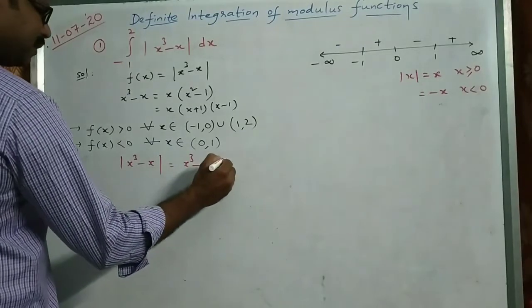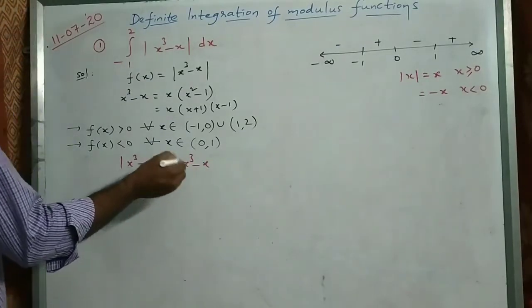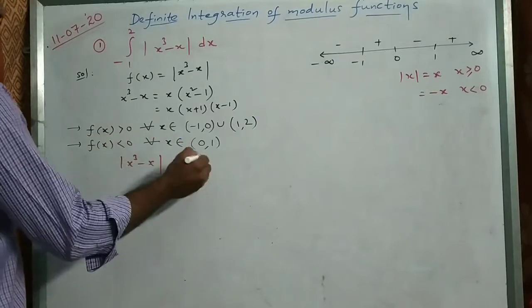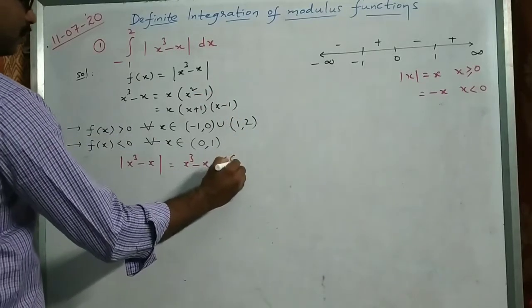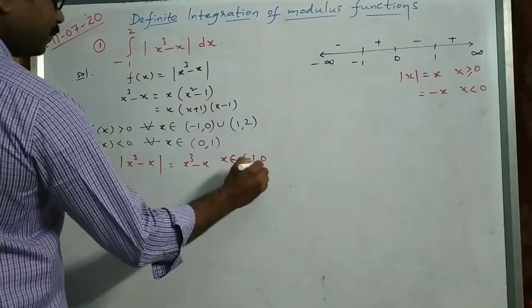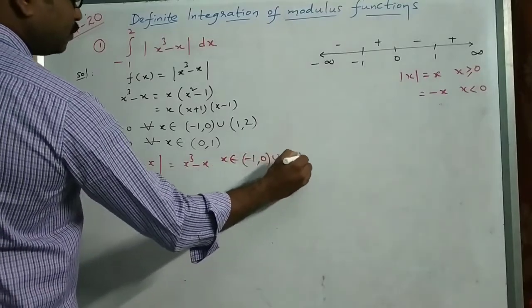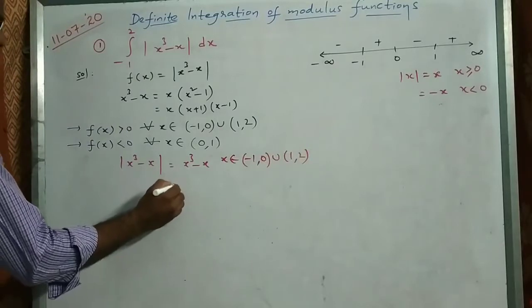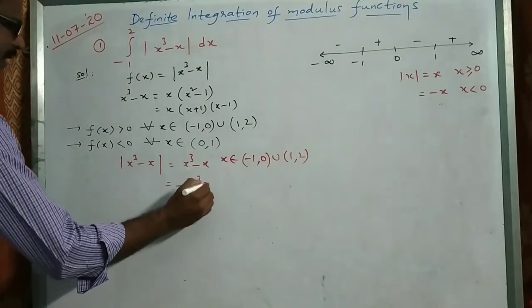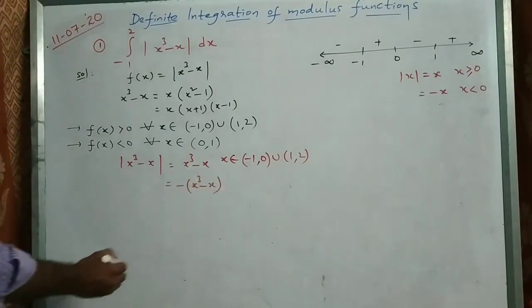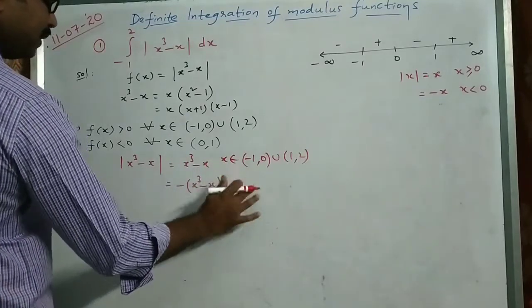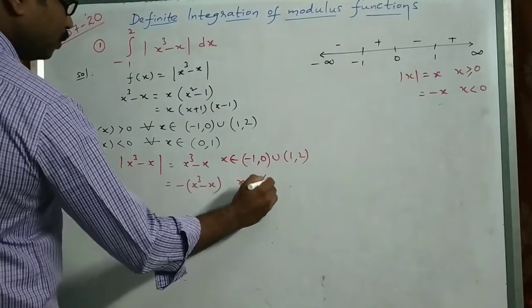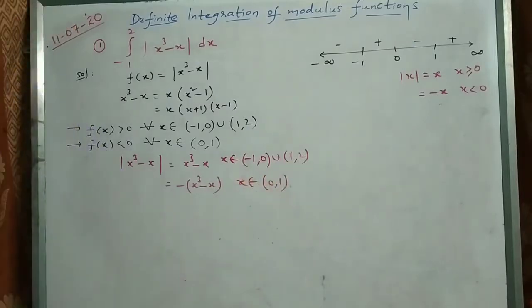So here x belongs to, where do we have positive here? So x cube minus x for x belongs to minus 1 to 0 union 1 to 2. Similarly minus of x cube minus x, where it is negative for all x belongs to the open interval 0, 1.